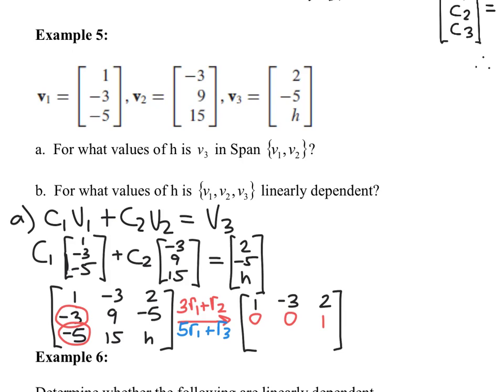That's nice. All right, multiply by 5, we're going to go to 0 there. We're also going to go to 0 here. And then for the last one, we're going to have 5 times 2 is 10 plus h. So 10 plus h.